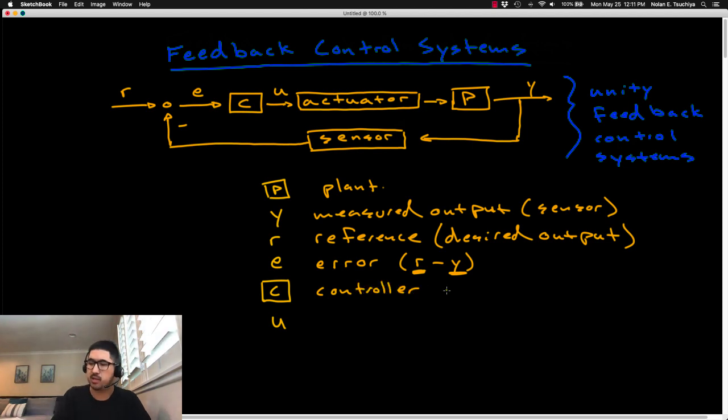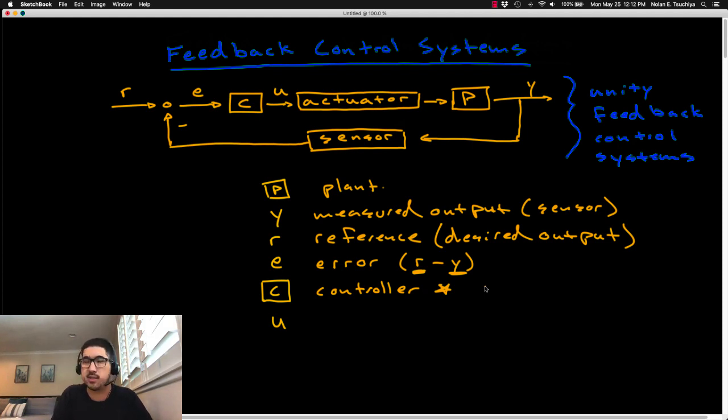The C block is called the controller, and this is what we're going to spend most of this class learning how to design, is what goes into this block here. The controller is actually not a physical device. It's actually just an algorithm. It's a transfer function.